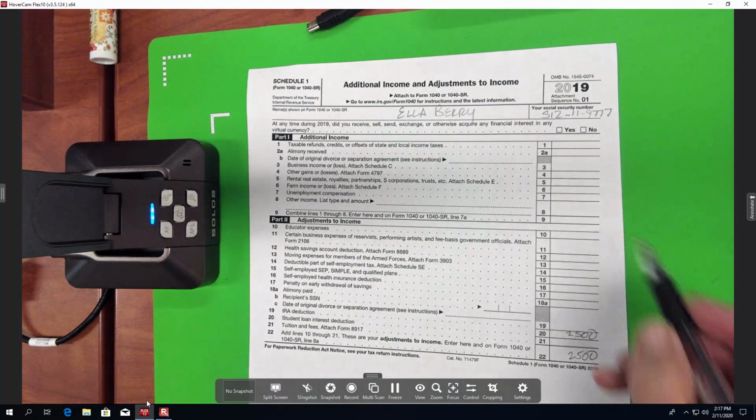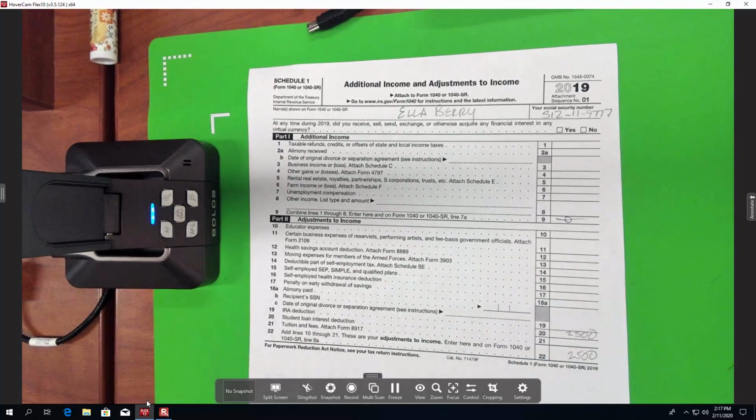And really, there's no adjustments to income. And there's a student loan interest deduction. And really, it tells you exactly what to do. Enter this here on Form 1040.